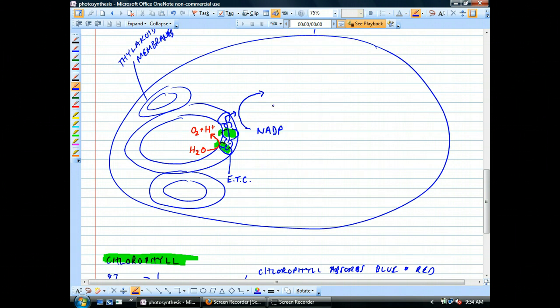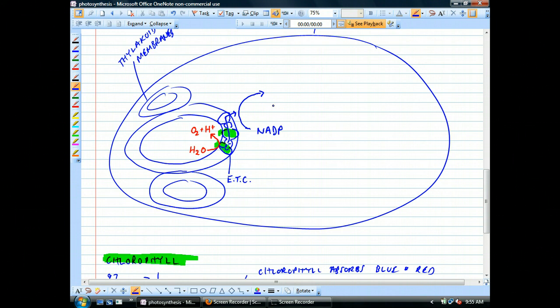What's different? The P at the end. In respiration, it was NAD. In photosynthesis, NADP. Now, I would not be so cruel on a test as to give you both of those options and ask you which is the electron carrier in photosynthesis, because they're very close. NAD is for respiration, NADP is for photosynthesis.